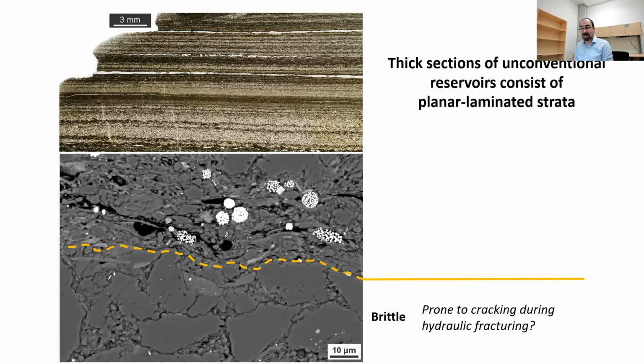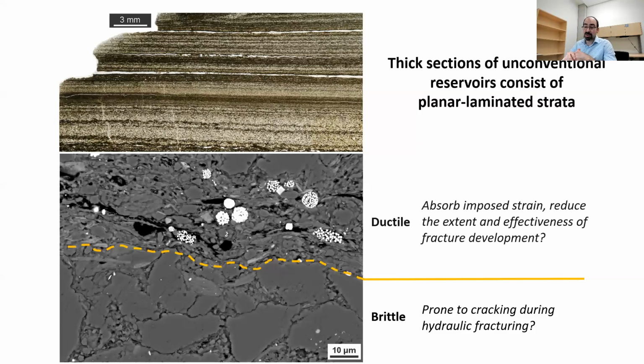We saw this in the previous slides. These silt-rich layers in planar laminated sediment are well cemented. Rocks consisting mostly of brittle minerals may be susceptible to fracture under applied stress, whereas rocks that are rich in ductile clay minerals and organic matter may deform plastically and undergo significant strain prior to fracturing.